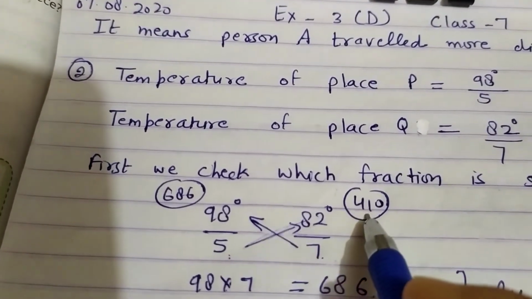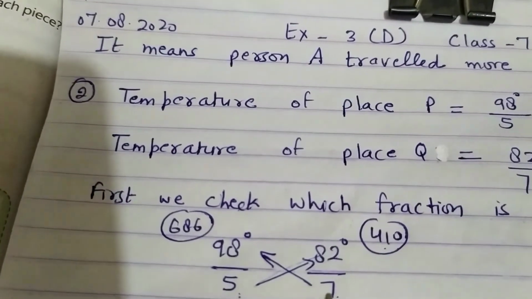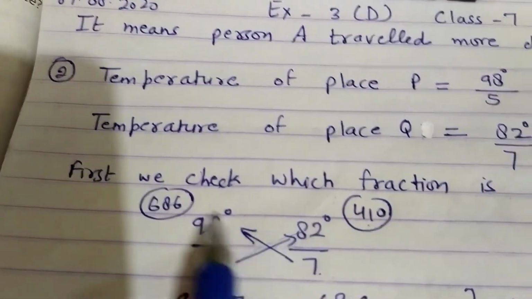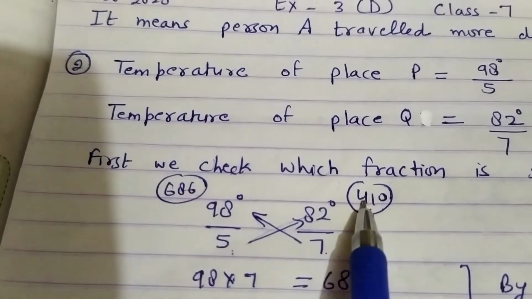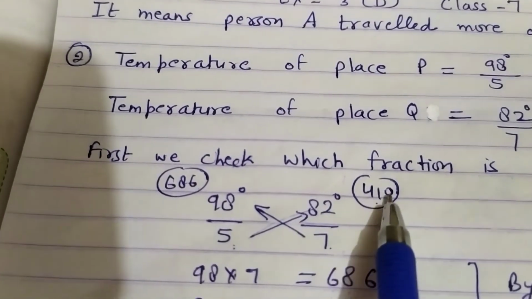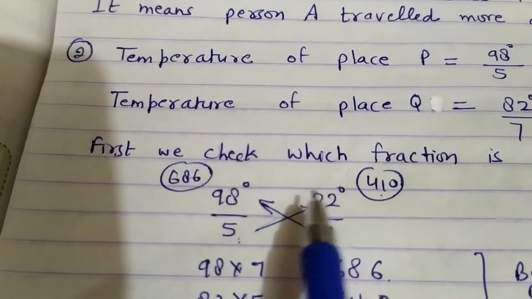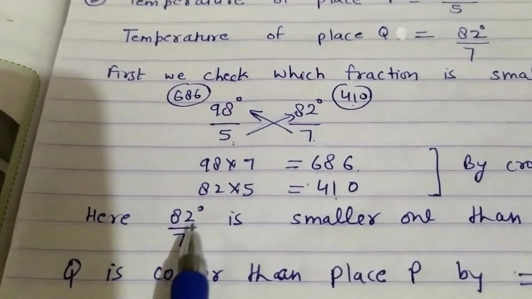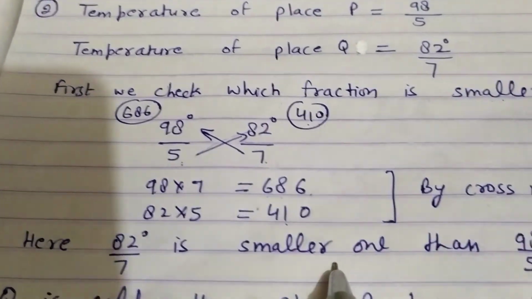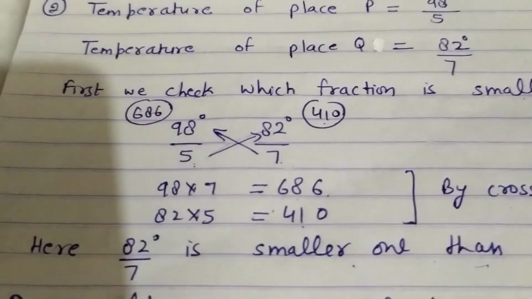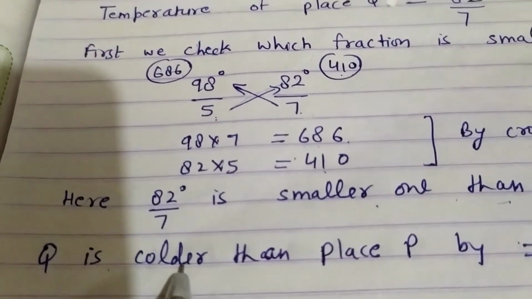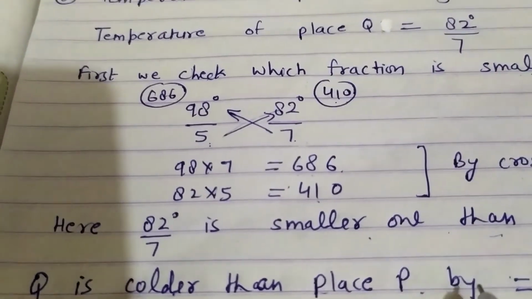Like this, we write 410 here and this 686 here by cross multiplication. If we compare these two numbers, we see 410 is smaller. It means here 82 upon 7 degree is smaller than 98 upon 5 degree. So place Q is colder than place P by.